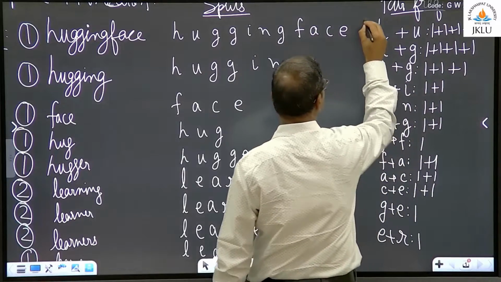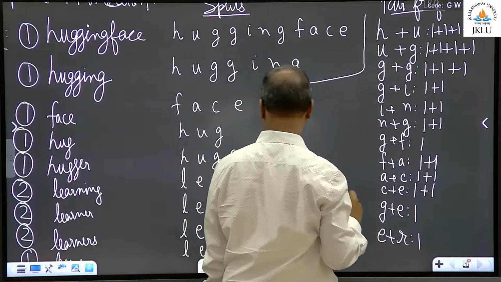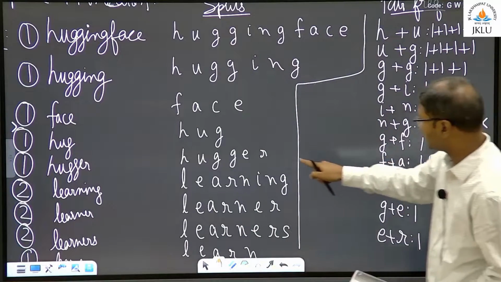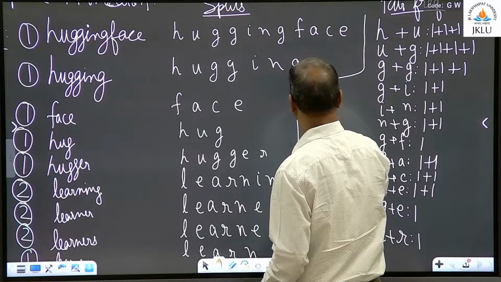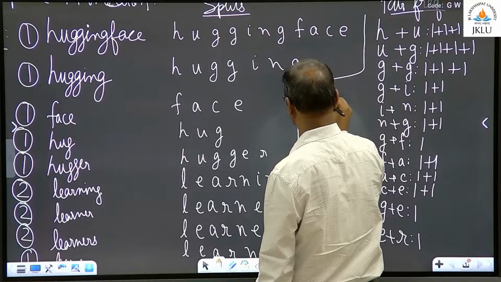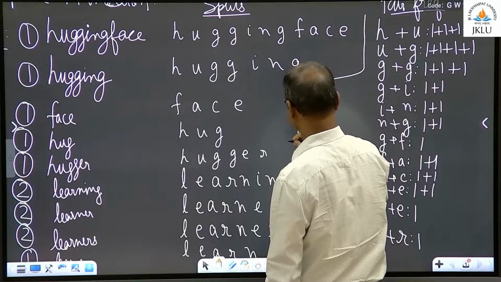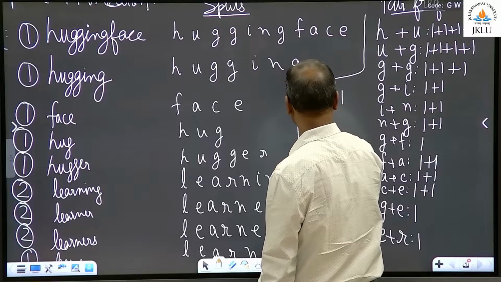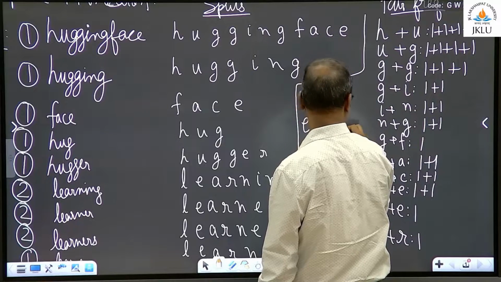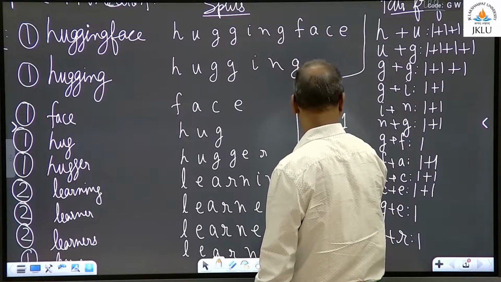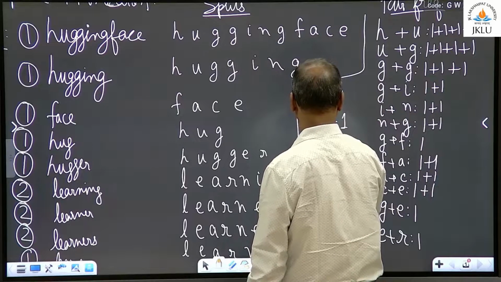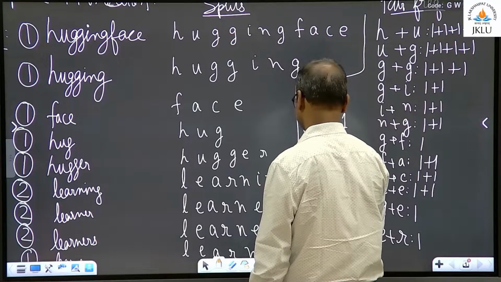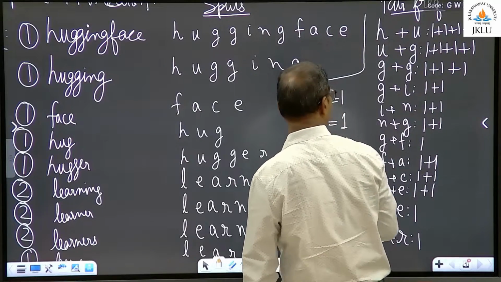So maybe I can use this space. LE, L plus E, that becomes 1. E plus A, that becomes 1. A plus R, okay, R plus N. IN, have I seen it before?